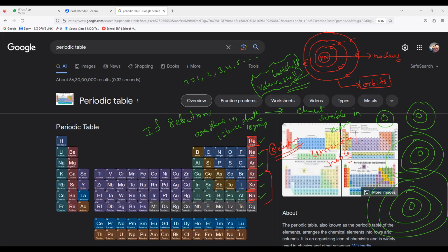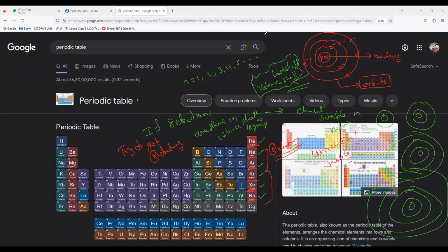That is why they are unstable, so they will get involved in chemical reactions. Somehow by donating or by accepting or by sharing, they will try to get 8 electrons and become stable in nature. I hope you all understand. If anybody has any doubt, you can ask me.